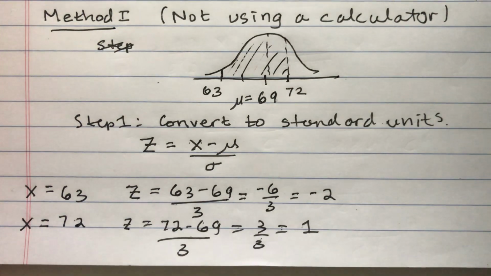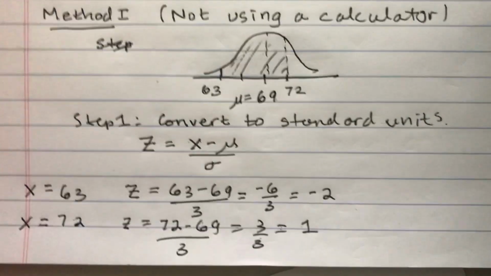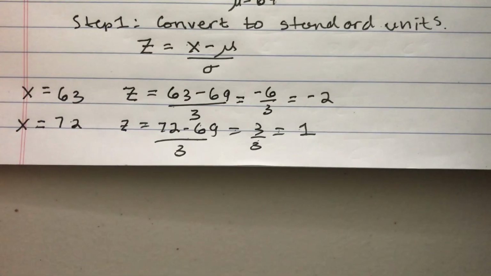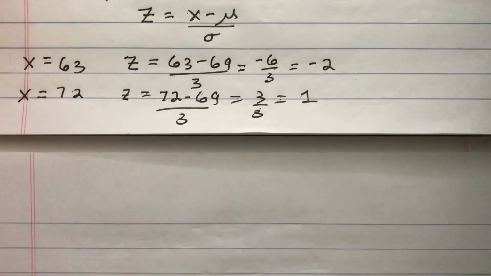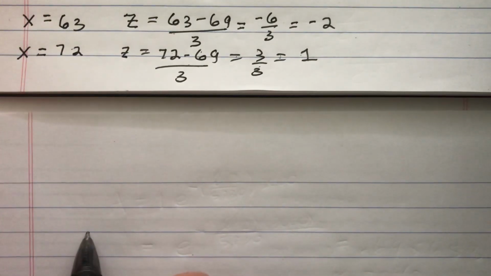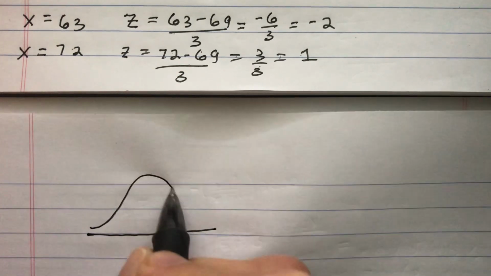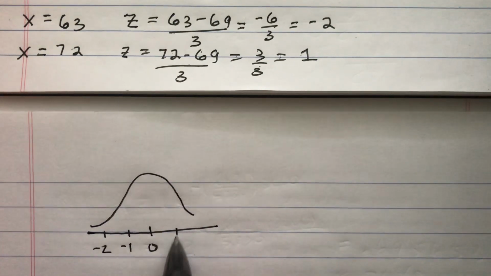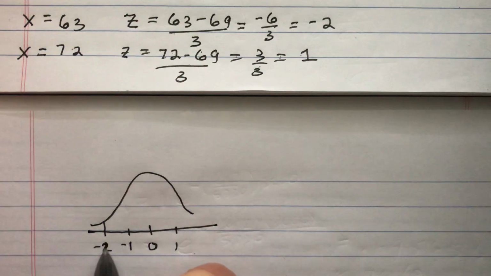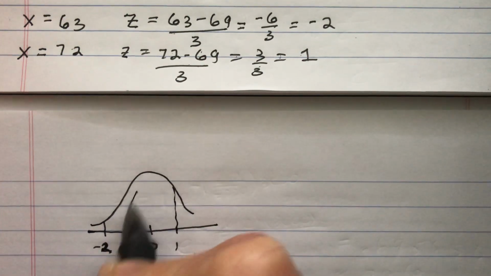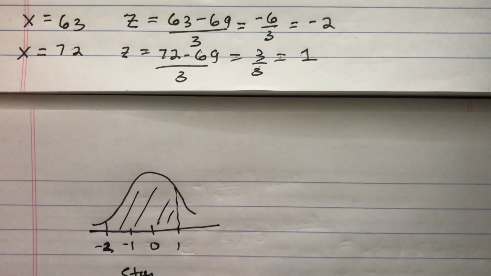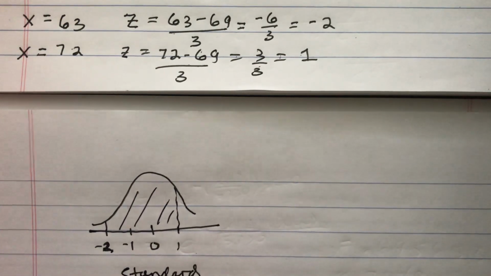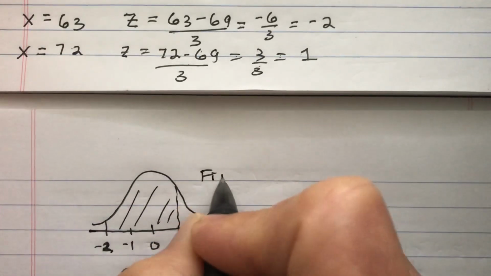So in standard units this is what the whole thing looks like. Okay, in standard units, we have the mean is 0, and then here's negative 2, and here's 1. And this is standard units. And what we're trying to do is find the area.